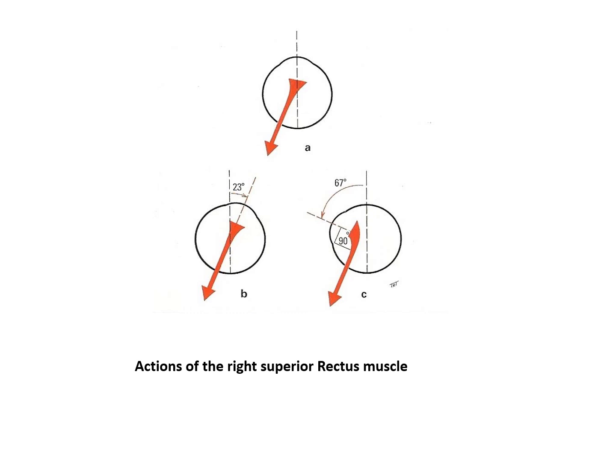But once the eye is in abducted position, that is, abducted about 23 degrees, the superior rectus and the anterior posterior axis form a single line.